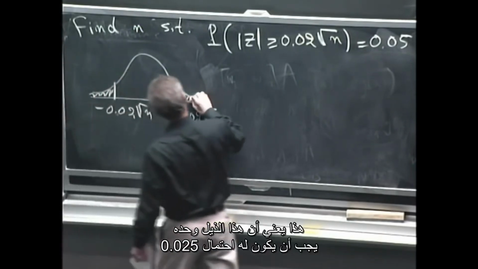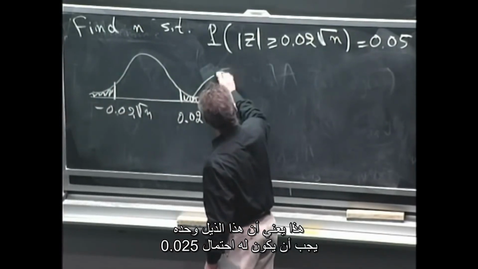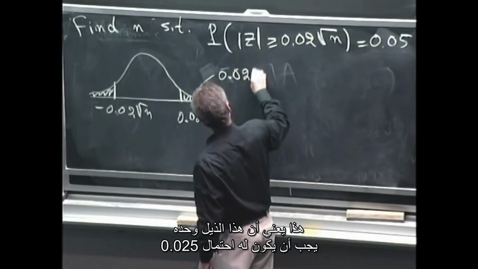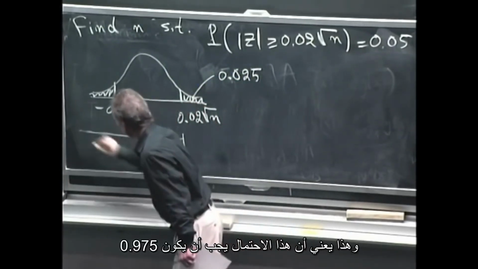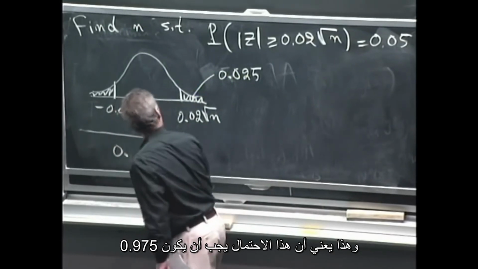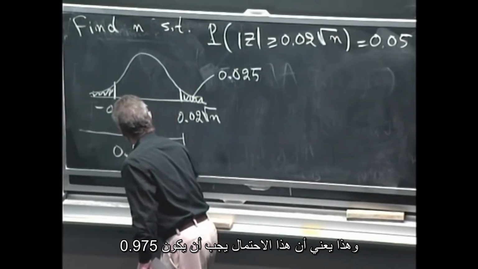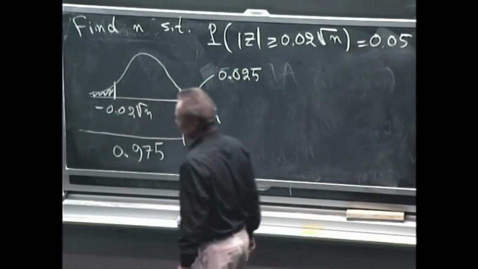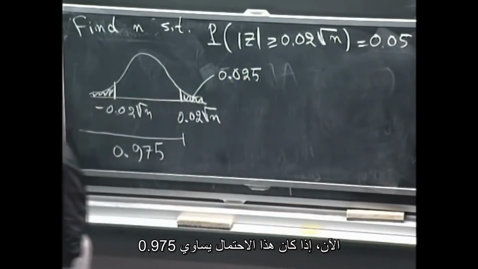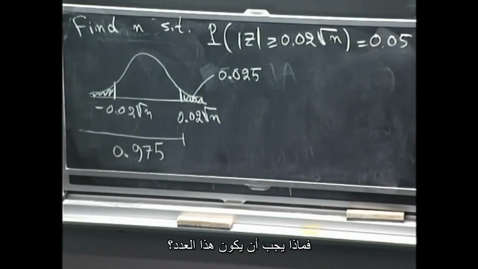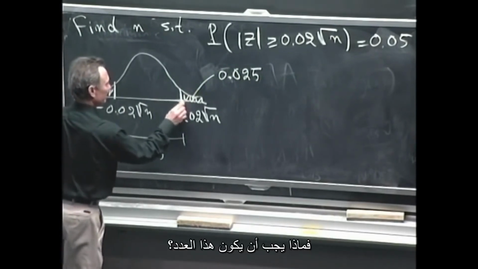This means that this tail by itself should have probability 0.025, and this means that this probability should be 0.975. Now, if this probability is to be 0.975, what should that number be?